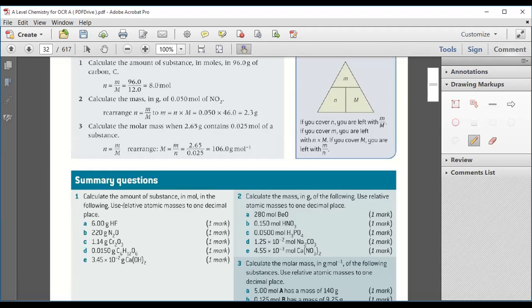It is 19. We have to calculate the number of moles in 6 gram of HF.